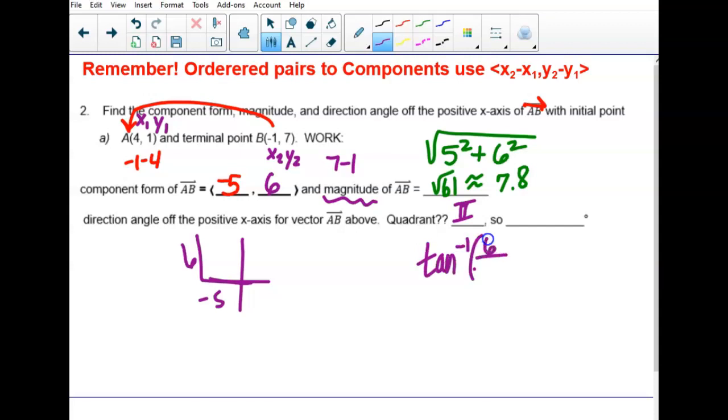Inverse tangent of 6 over -5. -50 degrees, is that correct? Is that a quadrant 2? It thinks you were doing the same thing but down this way. So we need to move it straight across to this quadrant, so we add 180. 129.8.